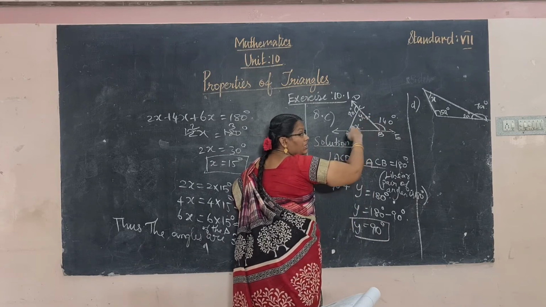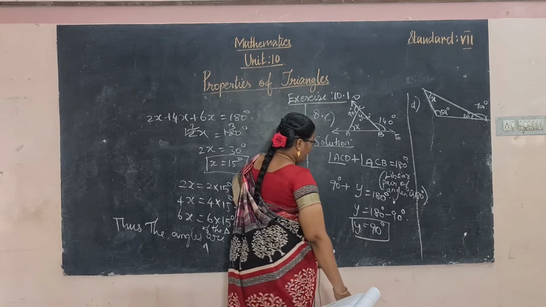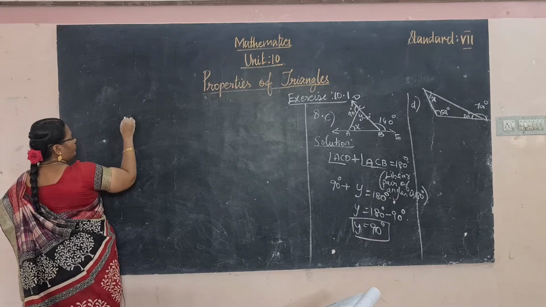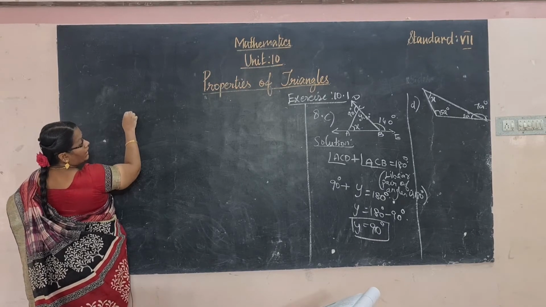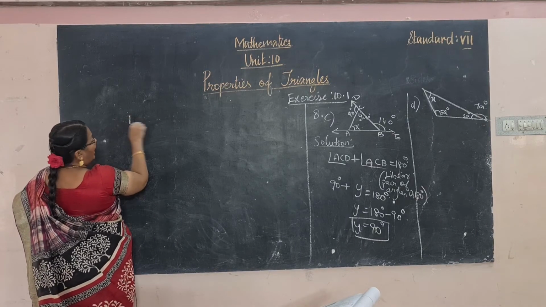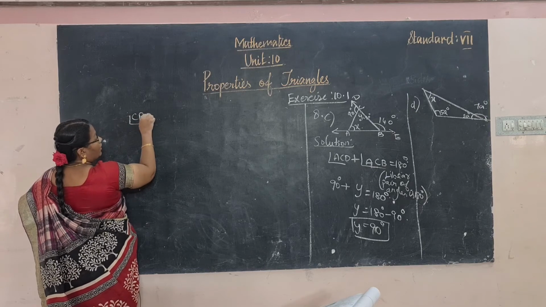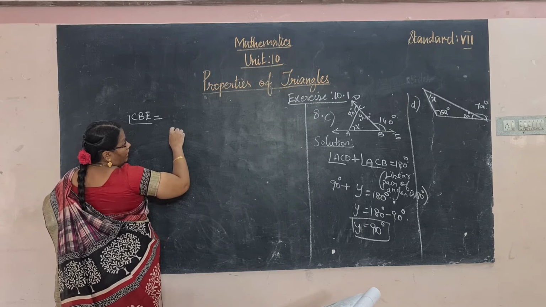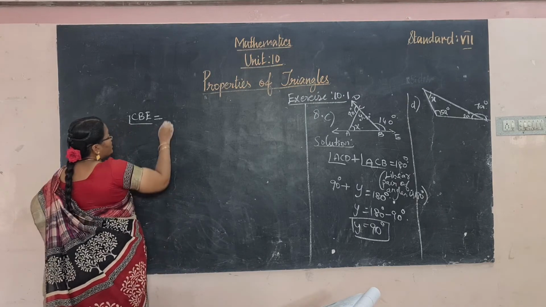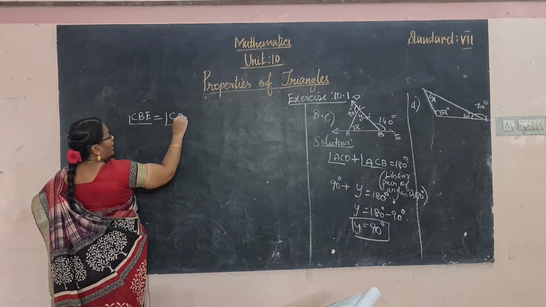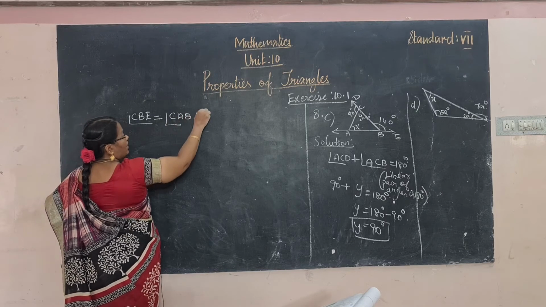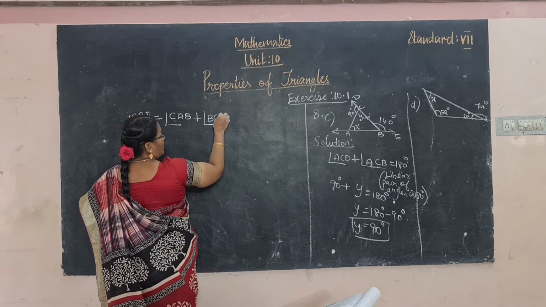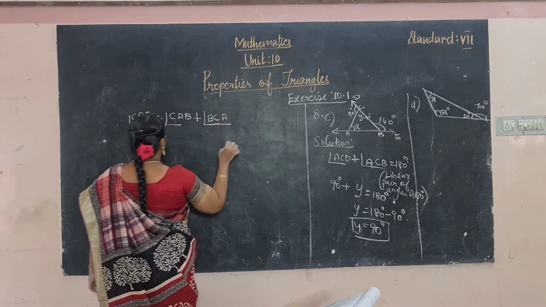Now we use the exterior angle property. What is that? What are the exterior angles there? Angle CBE is equal to the sum of opposite interior angles, angle CAB plus angle BCA.